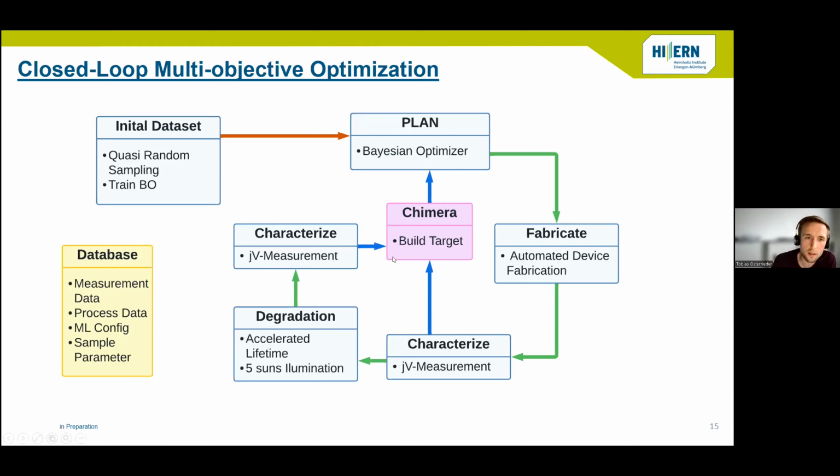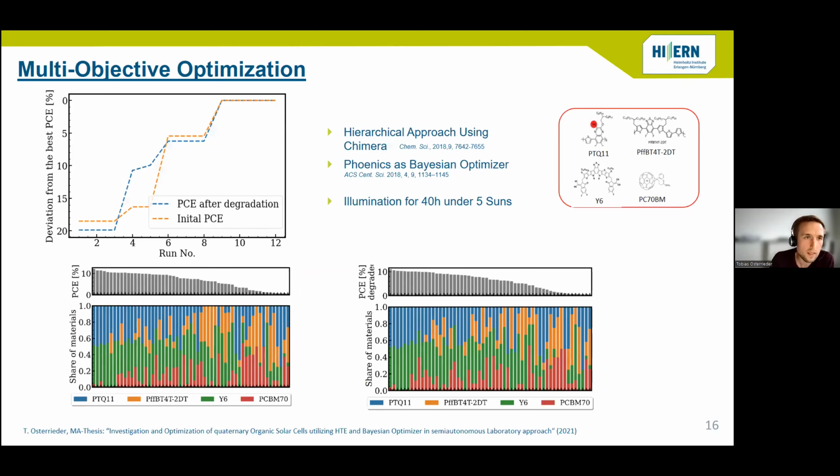Chimera has a hierarchical order. The most important target for us was to optimize the stability, and as a second target we wanted to optimize the efficiency as well. For this experiment we used a quaternary system, and we can see here that after 9 runs, we found the best cell.